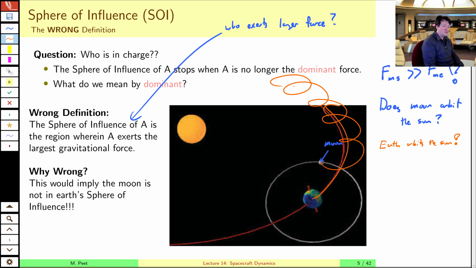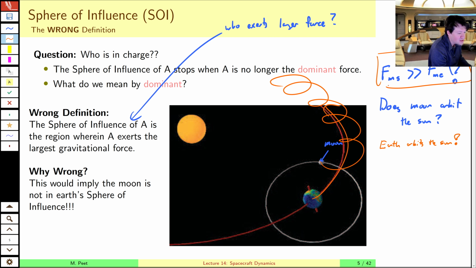And that gets to the heart of the question of why this model of the sphere of influence is wrong. Why the maximum force model is wrong. It's wrong, of course, because pretty much everything's orbiting the sun. But it doesn't tell us much about what's going on.